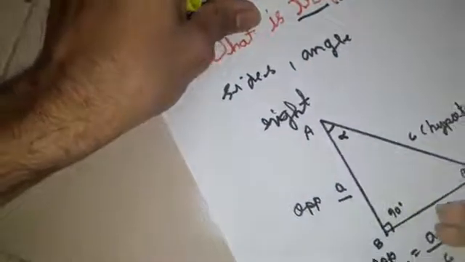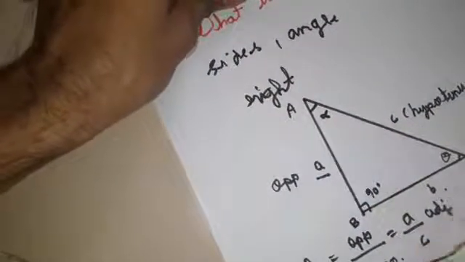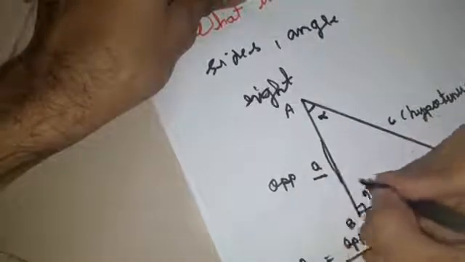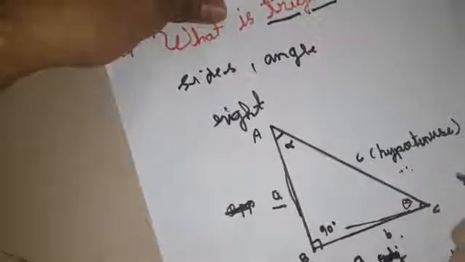Now suppose this other angle, which was not given before, is alpha. For angle alpha, BC will be the opposite side and AB will be the adjacent side. The hypotenuse does not change, as I mentioned.